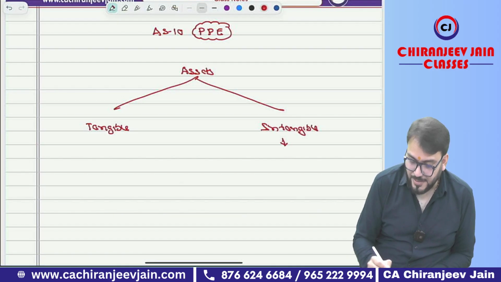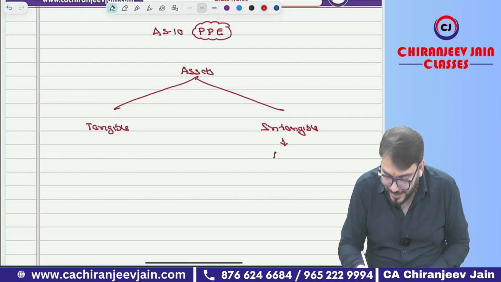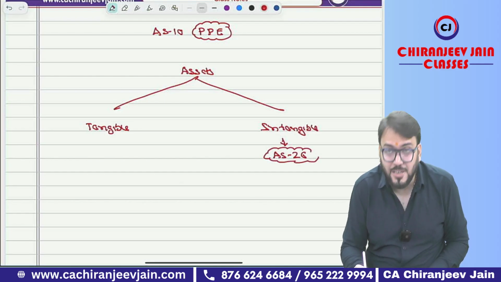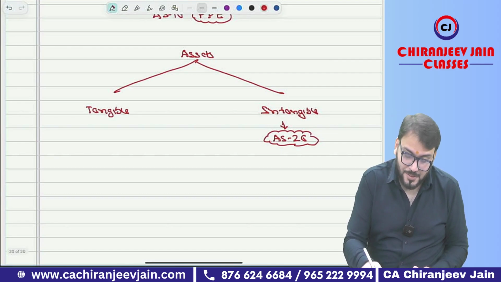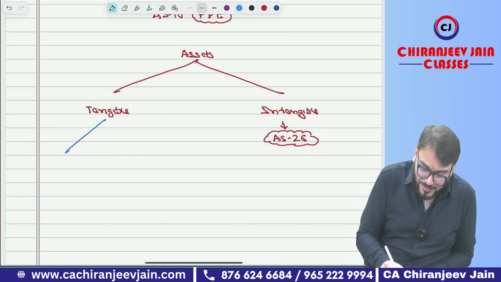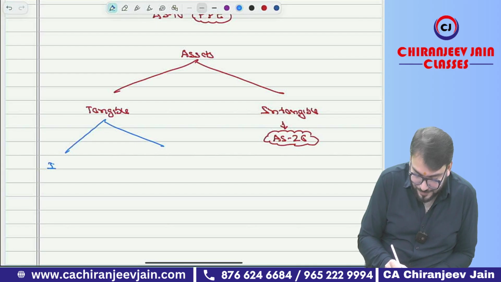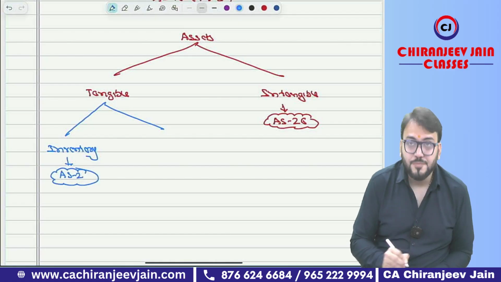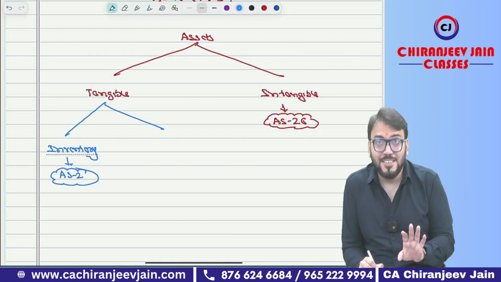Intangible assets are covered under AS 26, so for intangible assets we have a separate accounting standard. A tangible asset can be inventory, and inventory is covered under AS 2; inventory is a current asset.